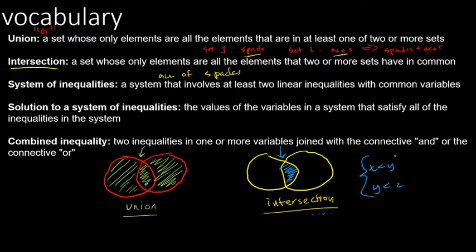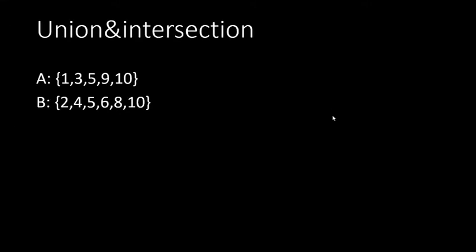There could be 2 of these, there could be 5 inequalities in here. It doesn't matter how many statements there are, there just has to be more than one, and again, we're talking about related variables. A combined inequality is 2 inequalities in one or more variables joined with the connective and or or. We'll look at some examples of that in upcoming slides.